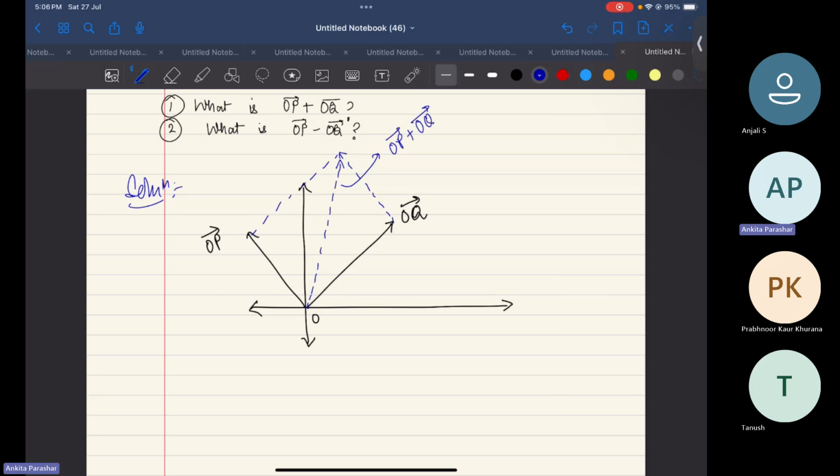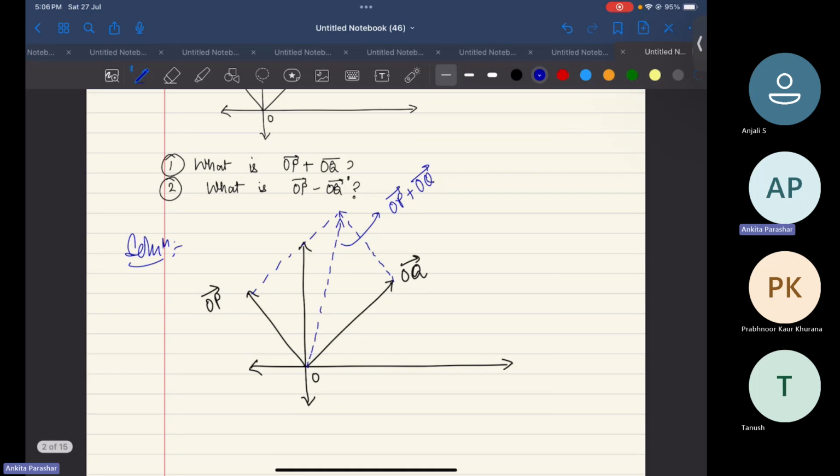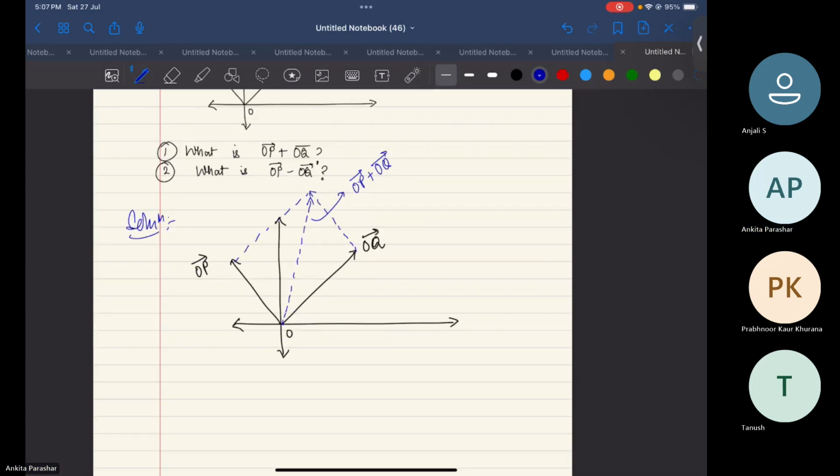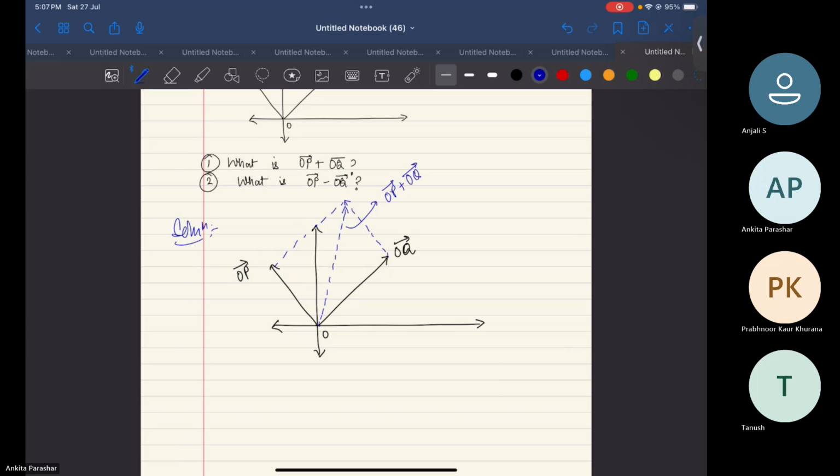And this is about OP plus OQ. What can you say about OP minus OQ? That is the other diagonal. The other diagonal, you mean this? Yes. Okay, how to see that?